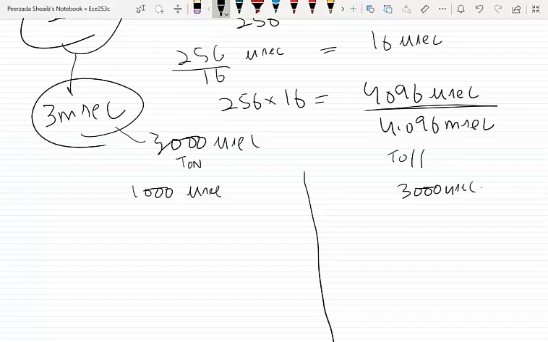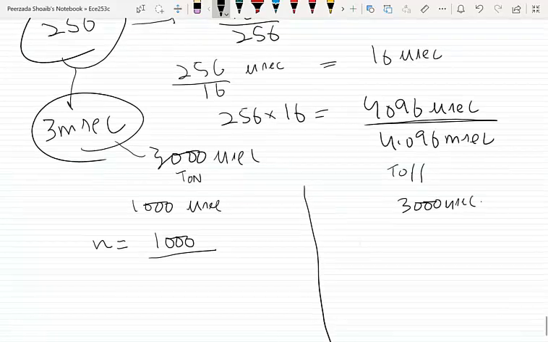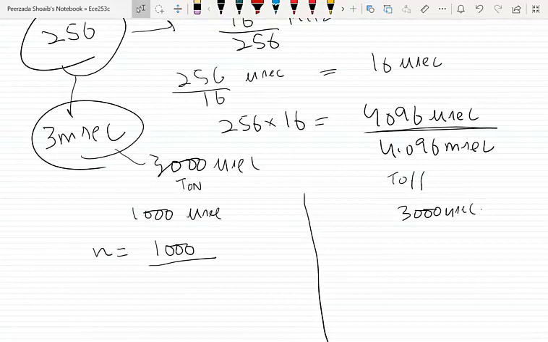what will be my n here? N will be the desired time delay, that is 1000 microseconds, divided by the time period of the timer.